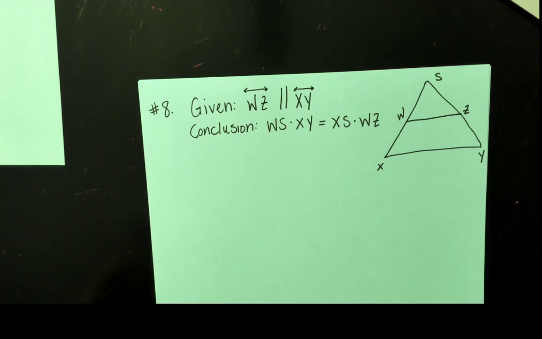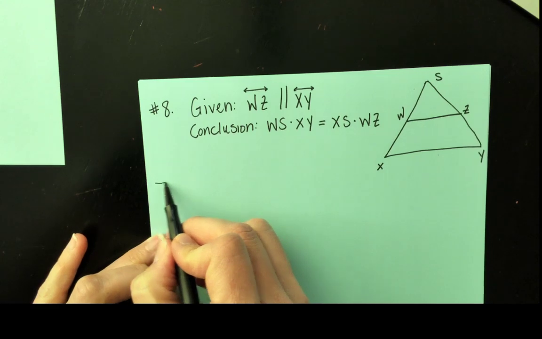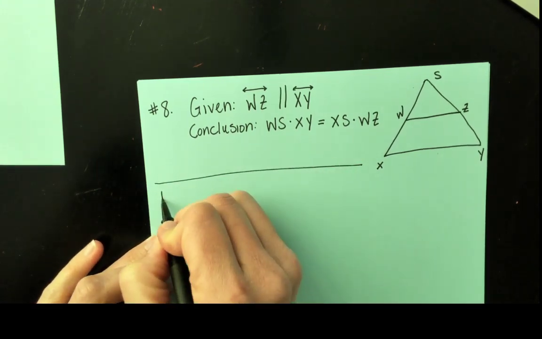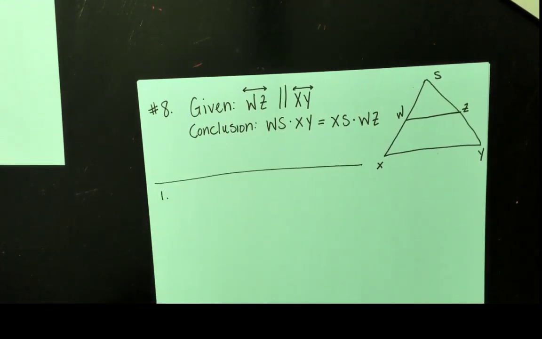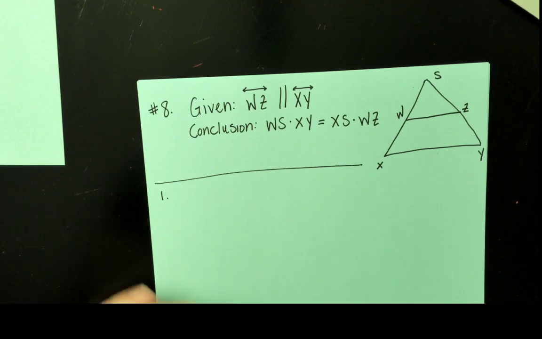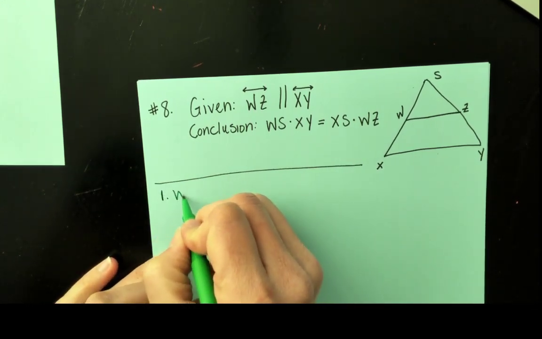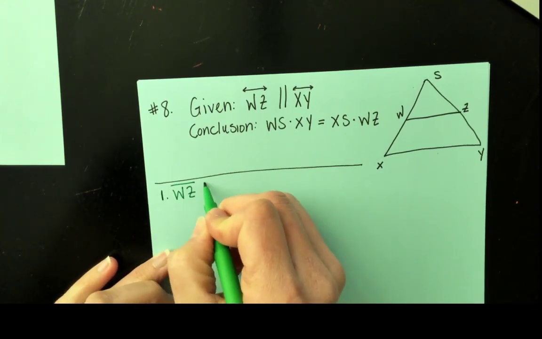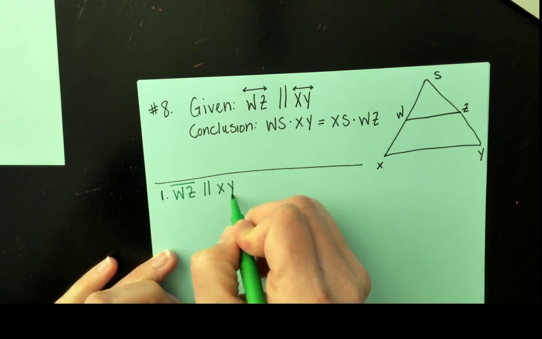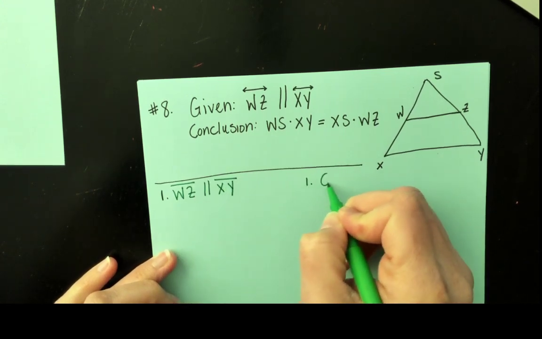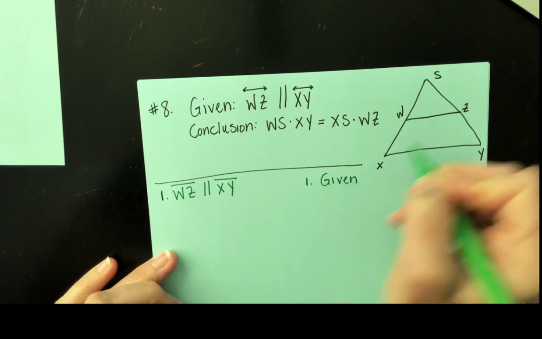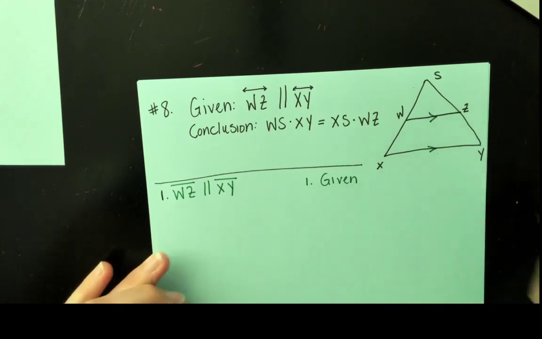So let's go ahead and again, we're going to start with our given statement. And in number 1, we are going to talk about WZ is parallel to XY, and that is given. And I'm going to put these tick marks in here.